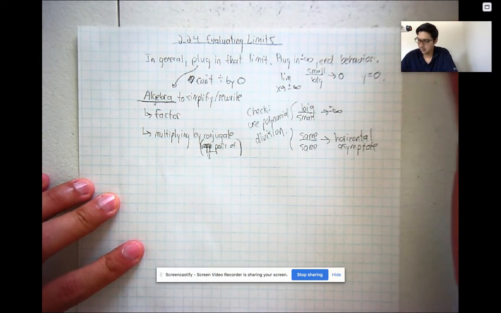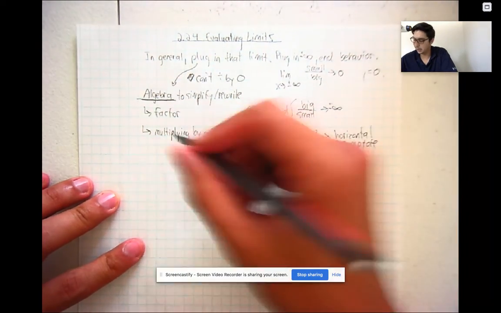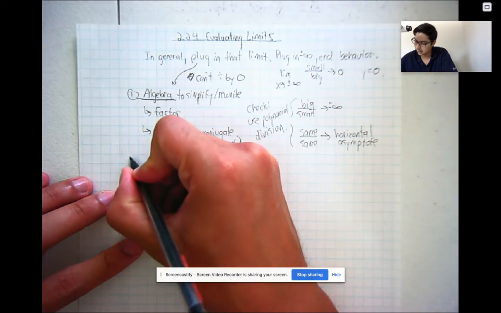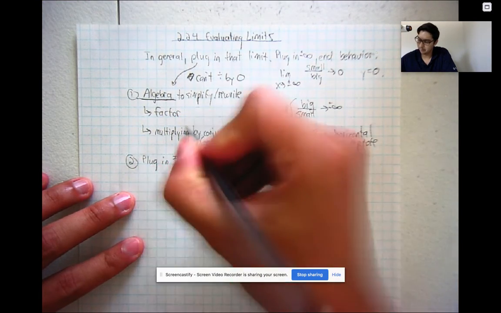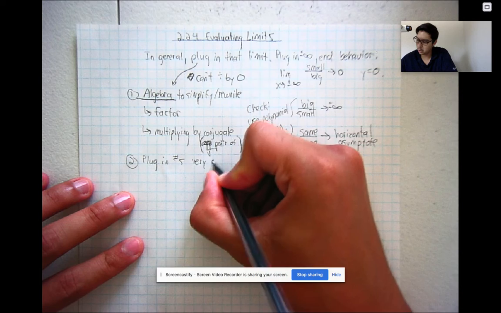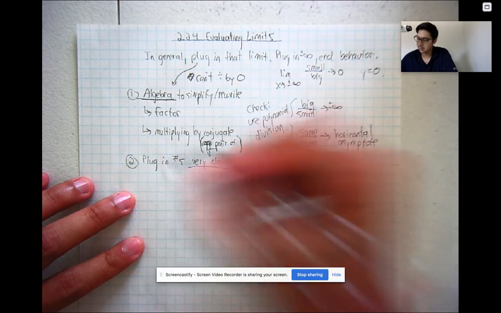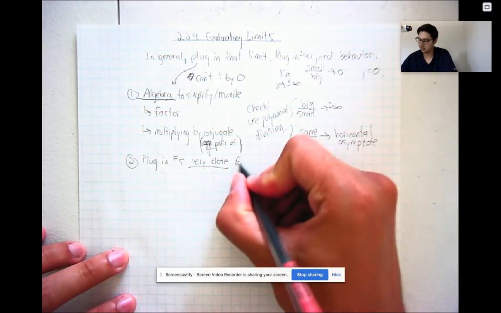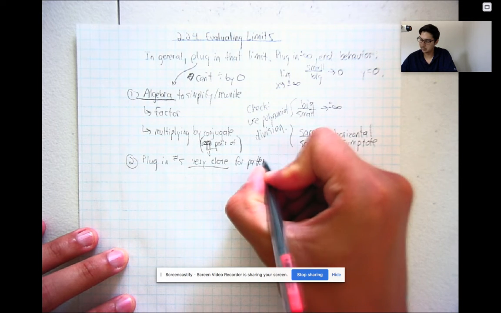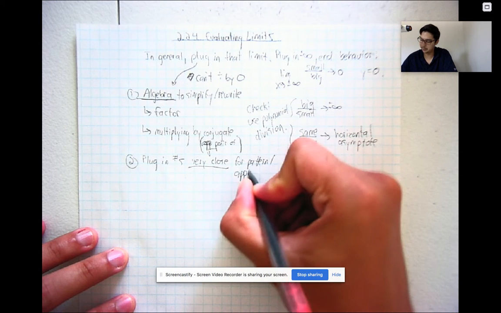And sometimes algebra doesn't even work, in which case you just have to plug in numbers very close, as that will give you a pattern or approximation.